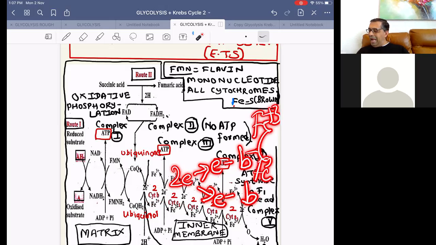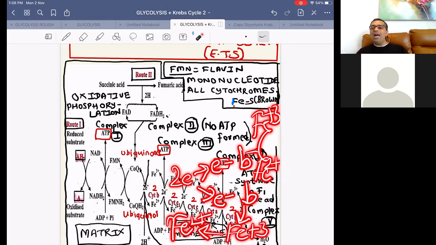Similarly, in this cytochrome B also, on accepting an electron, Fe triple plus will become Fe double plus.